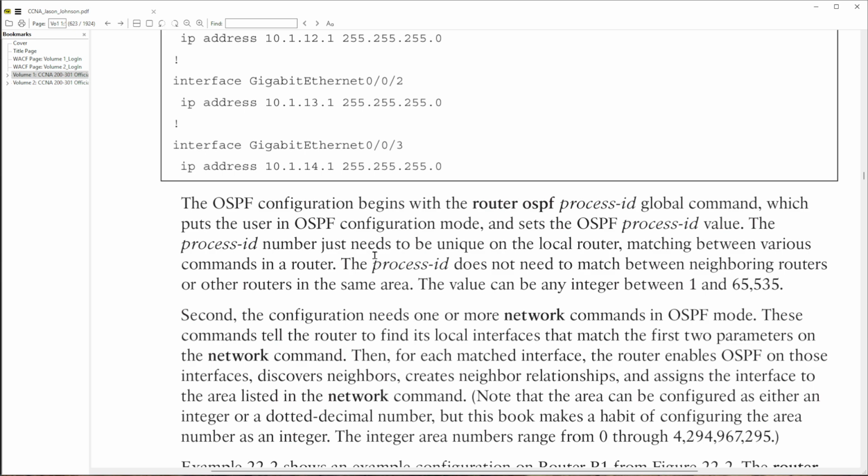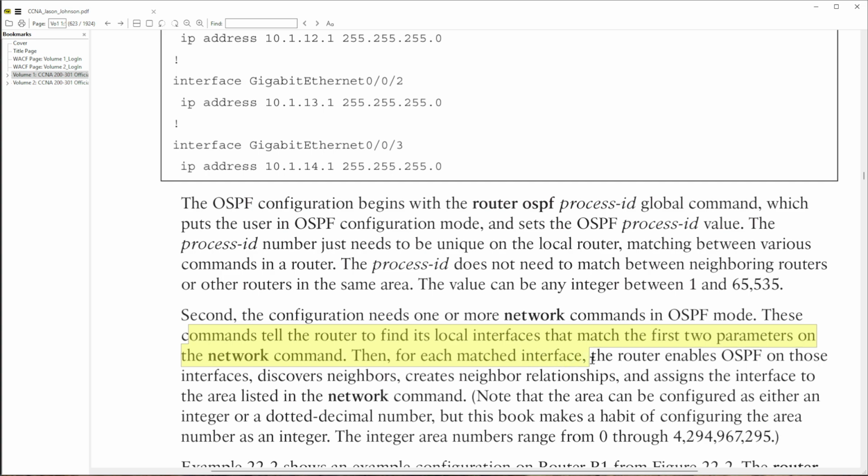So here's what's going on. OSPF begins with this command, and it sets the process ID value. This is unique. Doesn't matter what it is, frankly. We also need network commands, which we're trying to do.